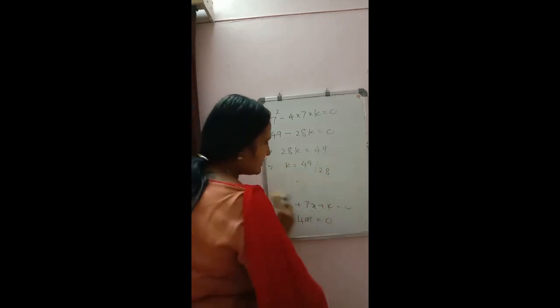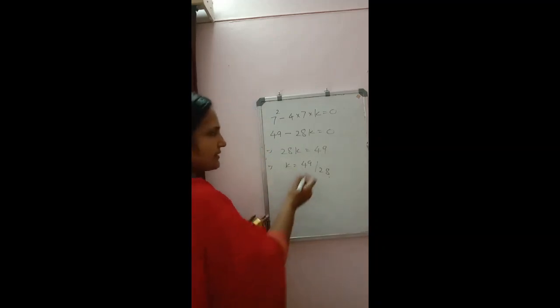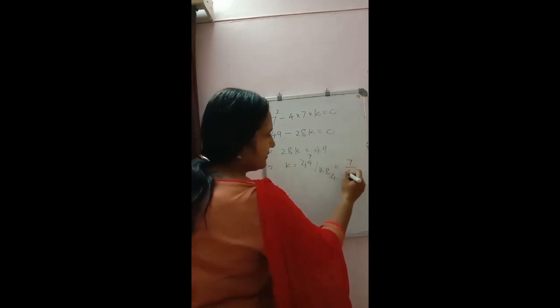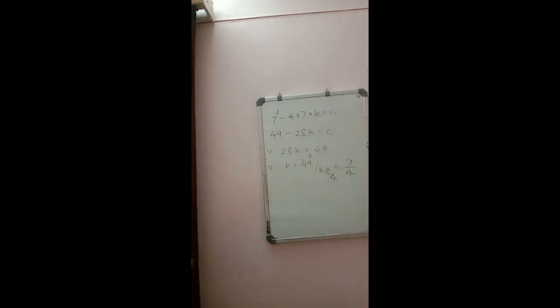Both are divisible by 7, so we can cancel it by 7. 7 sevens are 49, 7 fours are 28. So the value of k is equal to 7 by 4.